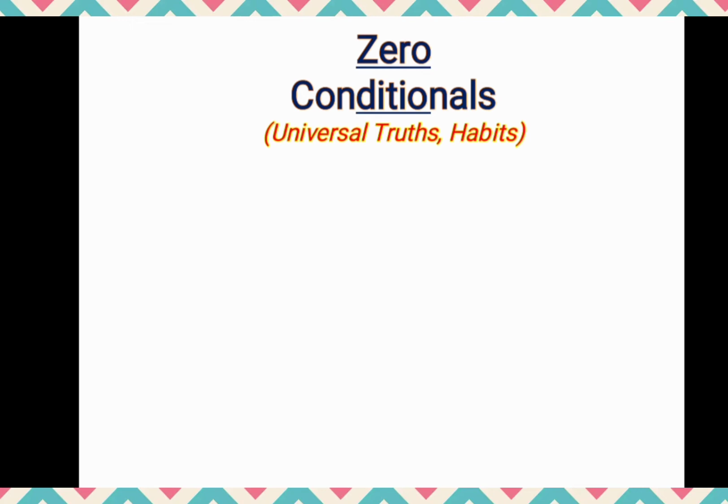First of all, I will discuss the zero conditional. Here in brackets: universal truths and habits. You can say that zero conditionals are used for universal truths and habits in sentences.